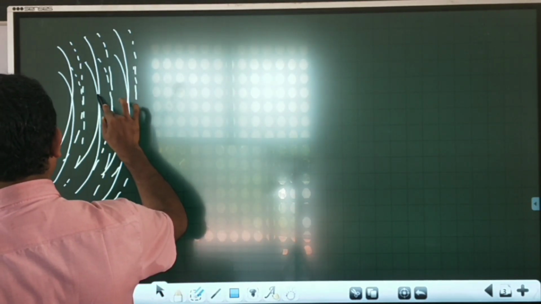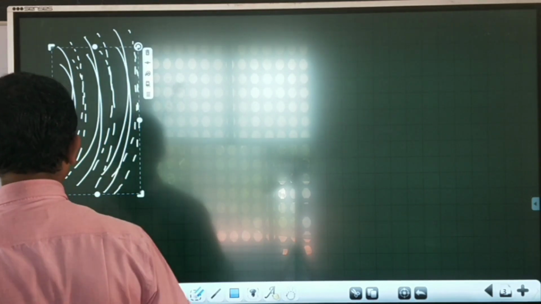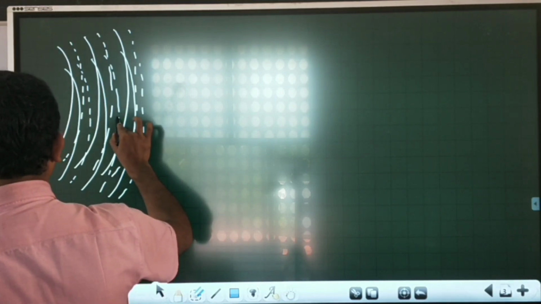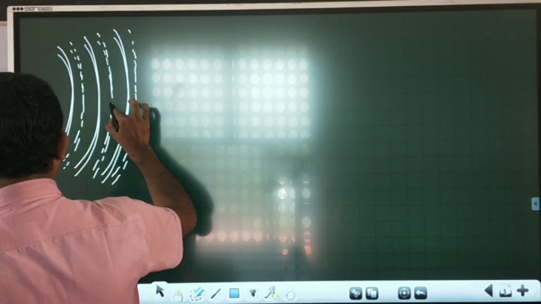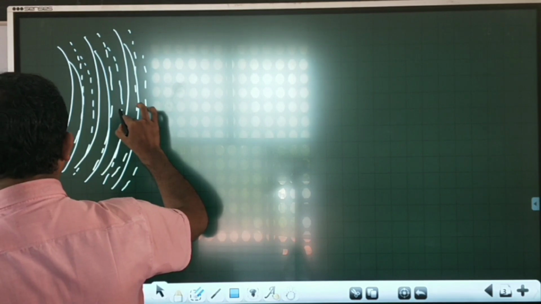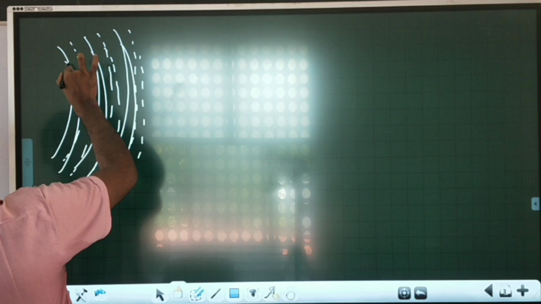Superimpose the first wave and the second wave. You can see here. Okay, what is the superposition?